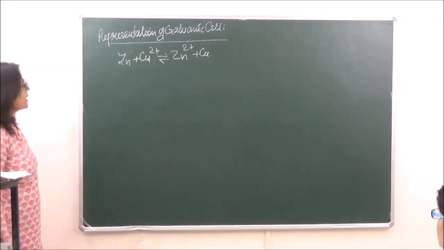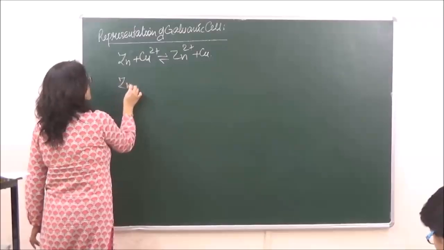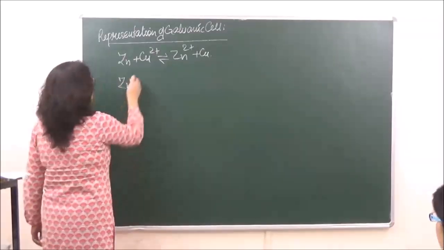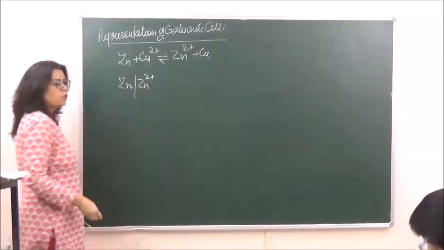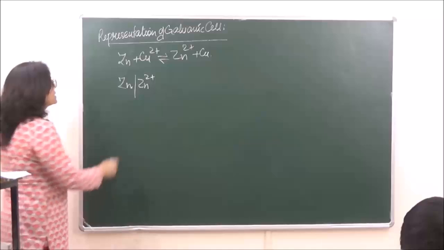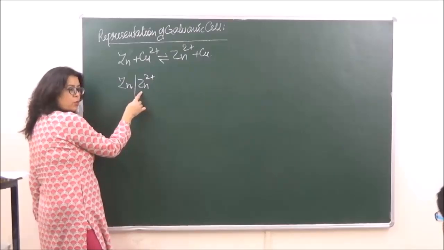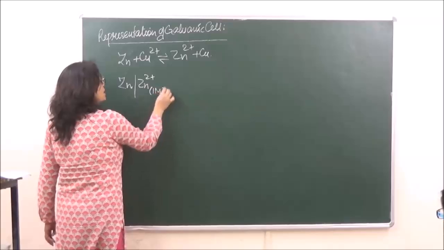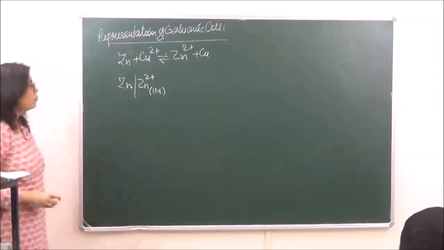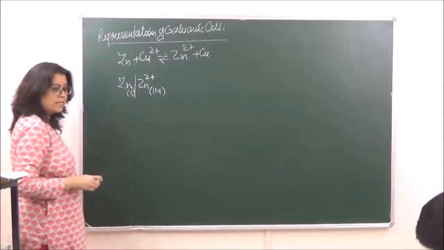Now in this case, if you want to represent this cell, we are first going to represent the anode reaction, that is the oxidation reaction. Zn converting into Zn2+. This slash over here represents that Zn is being converted to Zn2+, and over here we write down the concentration. Let's say we are taking 1 molar, and zinc over here is written in solid state.